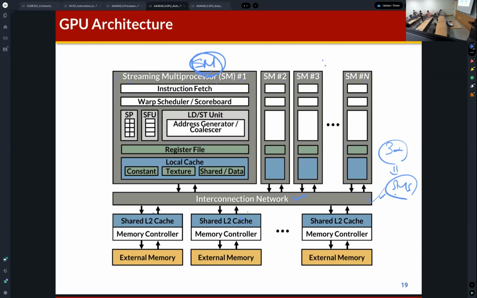That's why the SM is mapped to the cores of an Intel CPU, but NVIDIA advertises that our GPU has thousands of cores.